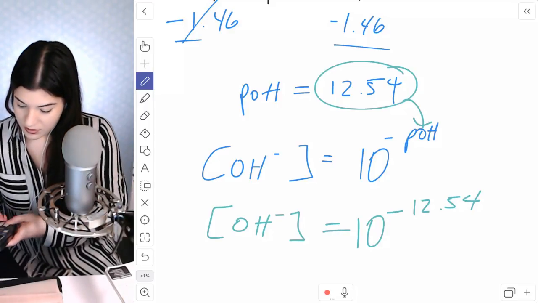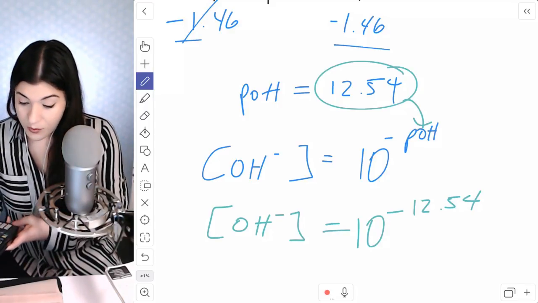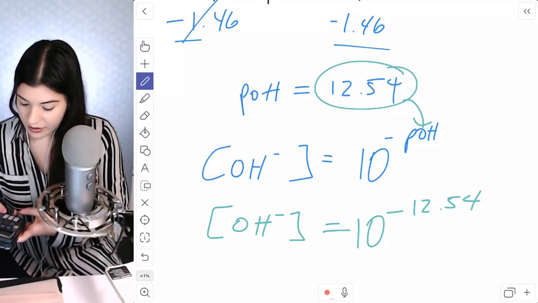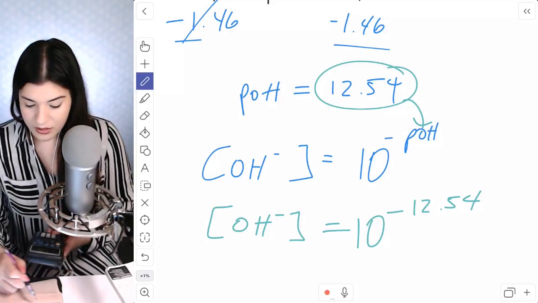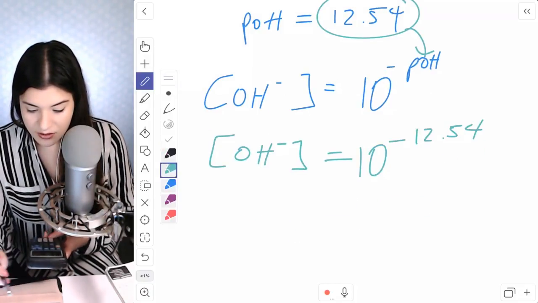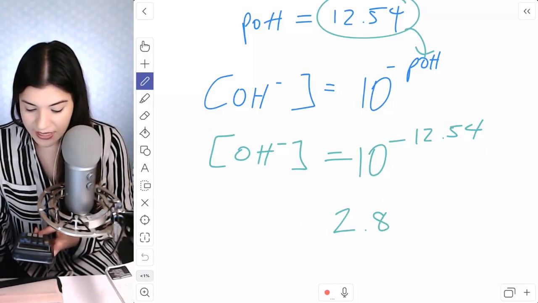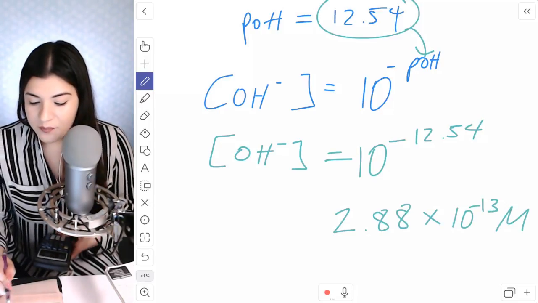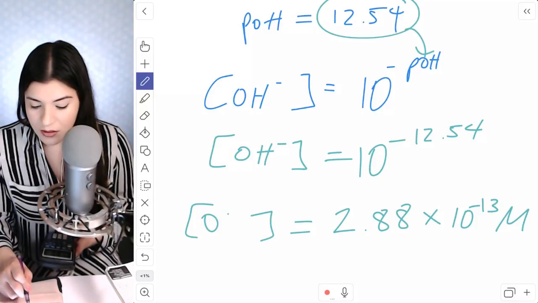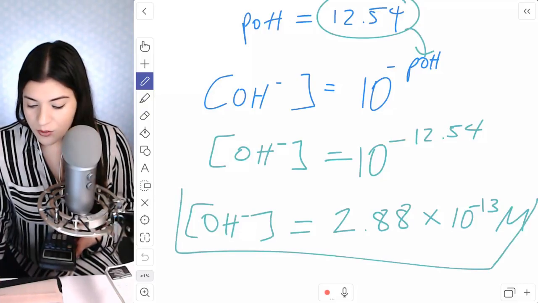So let's see what that is. So I would do second log on my calculator and then negative 12.54, put that in parentheses. And then this gives us a concentration of 2.88 times 10 to the negative 13th. And this is molarity since it is a concentration. So that's what you would use.